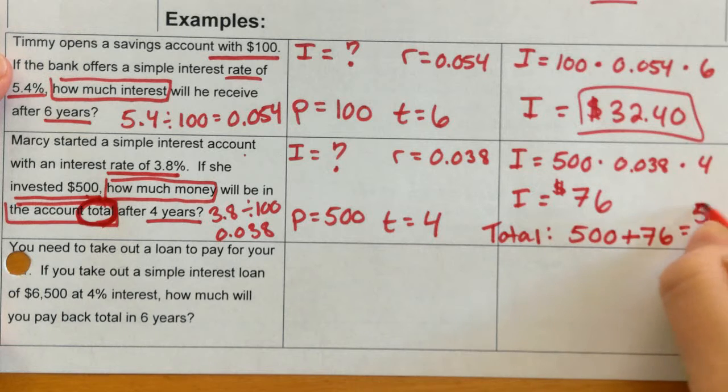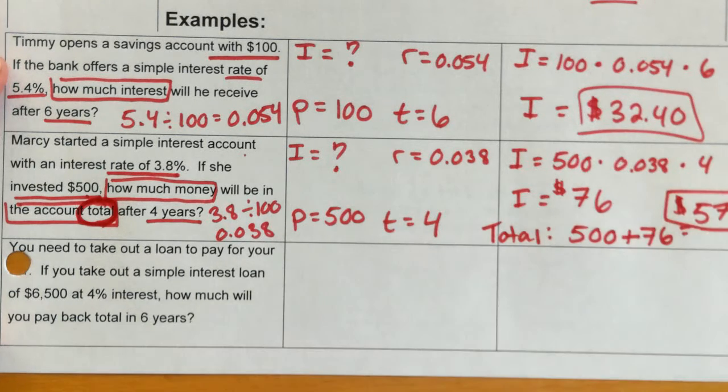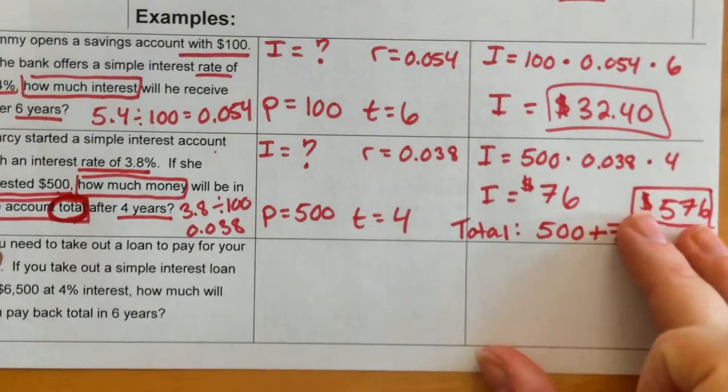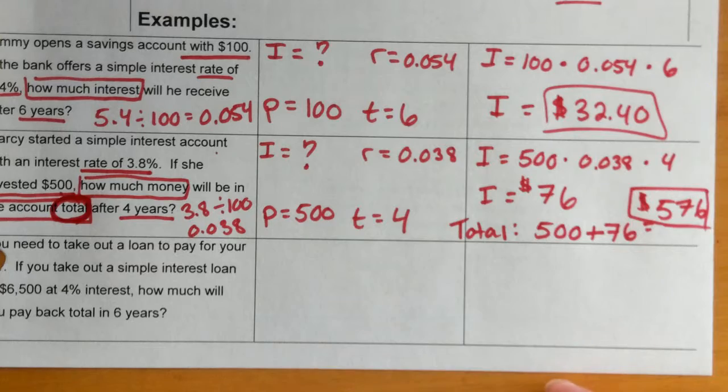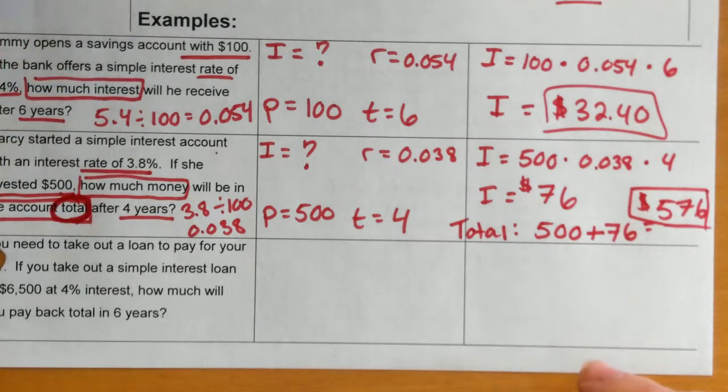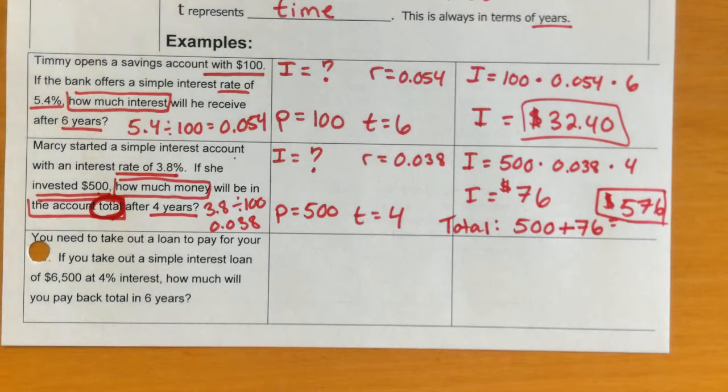It's for a total of $576 in that account. Sorry, I'm off the page. So it's really crucial that you take a look at what the question's asking for, because sometimes they'll want to know just the interest and sometimes they'll want to know the total.